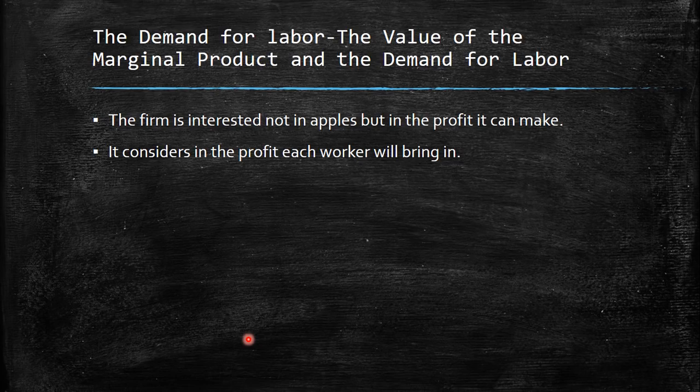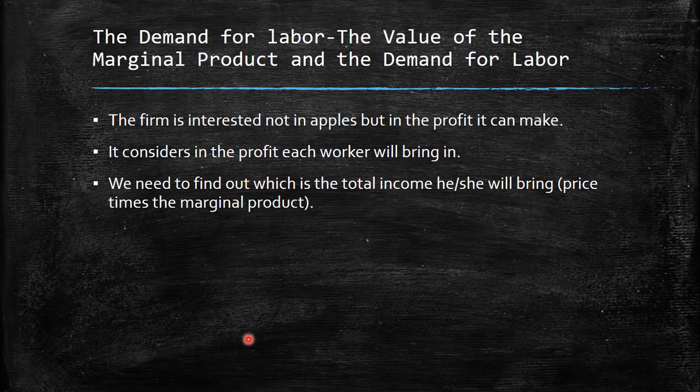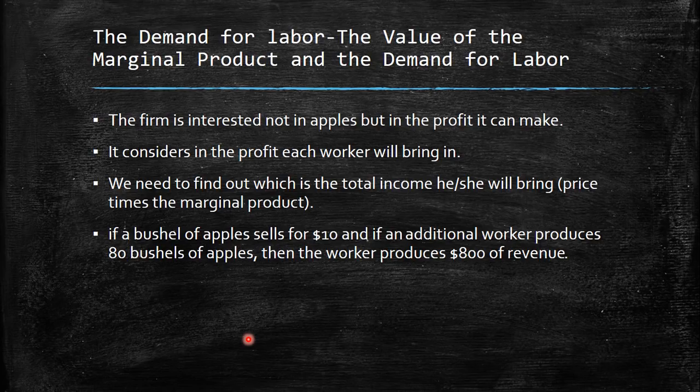So they consider what each worker will bring in, and we need to find the total income these apple pickers produce at the end of the day, multiplied by the price of that good, which is the apple. For example, if a bushel of apples sells for $10, and an additional worker produces 80 bushels of apples, then this worker brings me $800 of revenue.